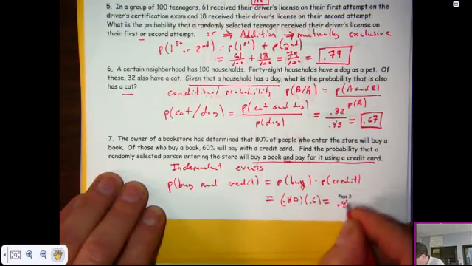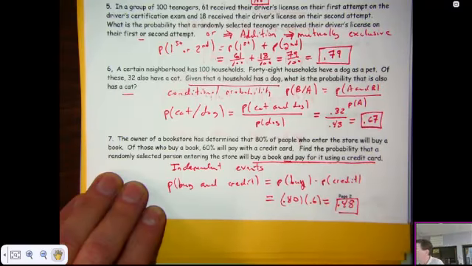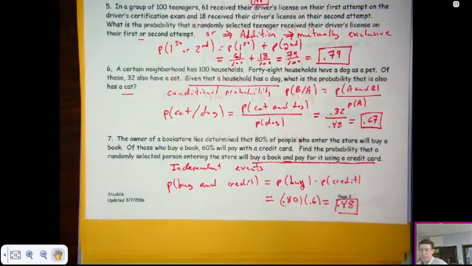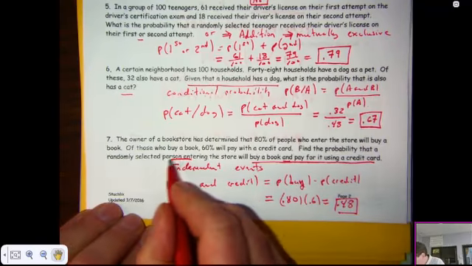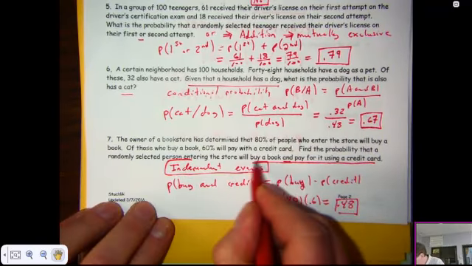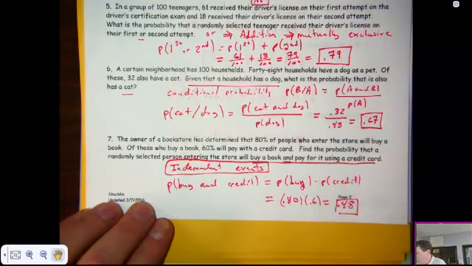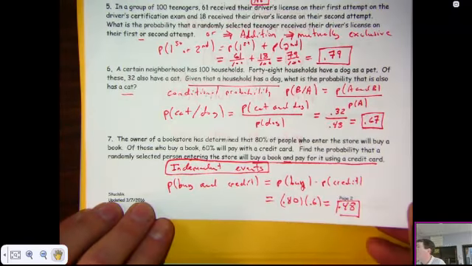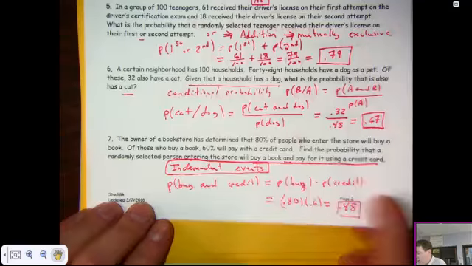So 0.48. Okay, so again, those are independent events, so you have to determine that. We have a few more dependent ones coming up.